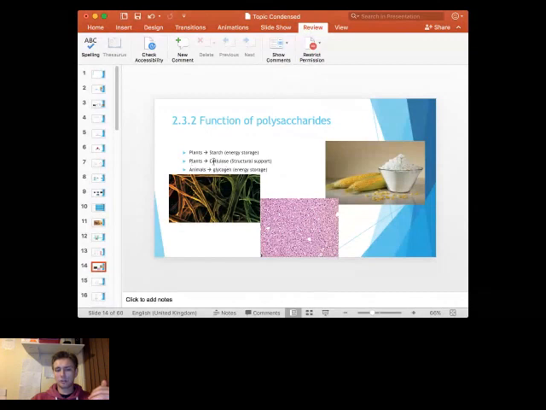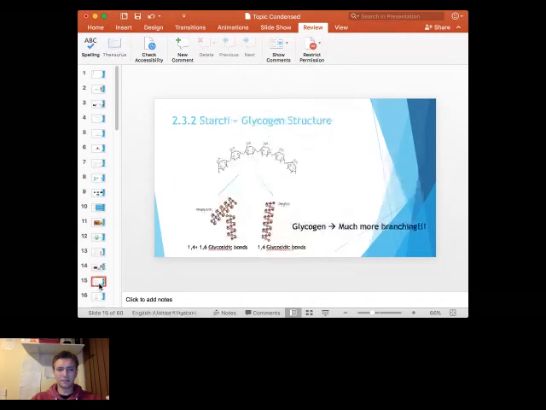And cellulose is used by plants to give them structure, because that's what their cell walls are made of. In topic 1, you talked about eukaryotic cell structure and how plants have cell walls. These cell walls are mainly composed of cellulose, and so they provide structural support. So you just have to be able to list these three things out.